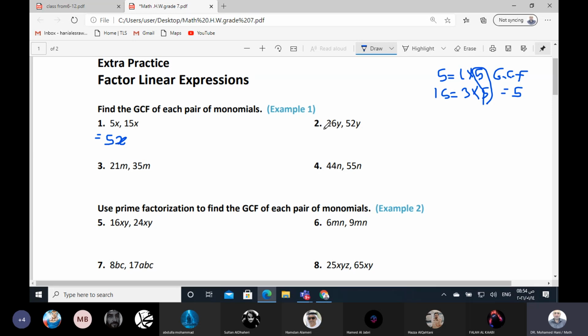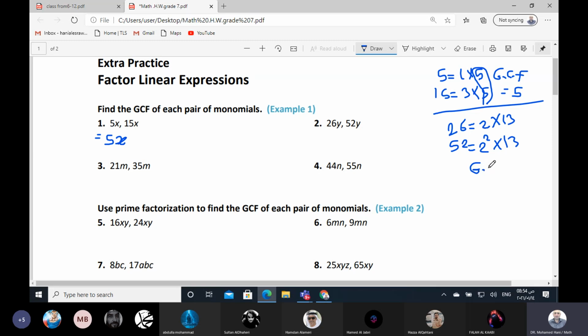The second example here, we have 26y and 52y. The first step, take the numbers 26 and 52 and try to factor the numbers. 26 equals 2 times 13, 2 prime and 13 prime, and 52 equals 2 times 26, which means 2 exponent 2 times 13.